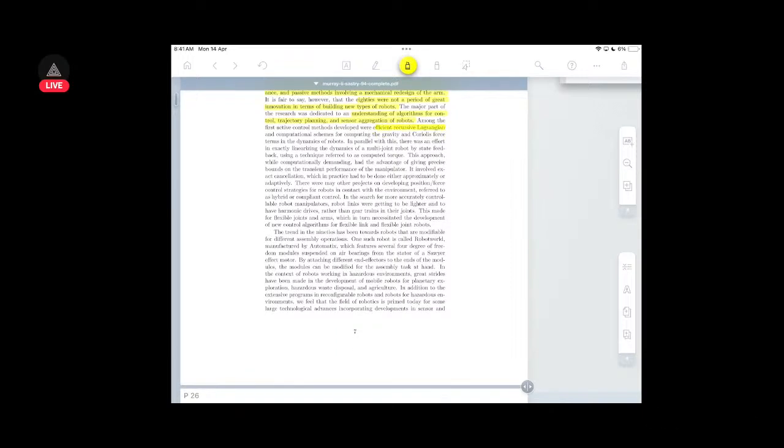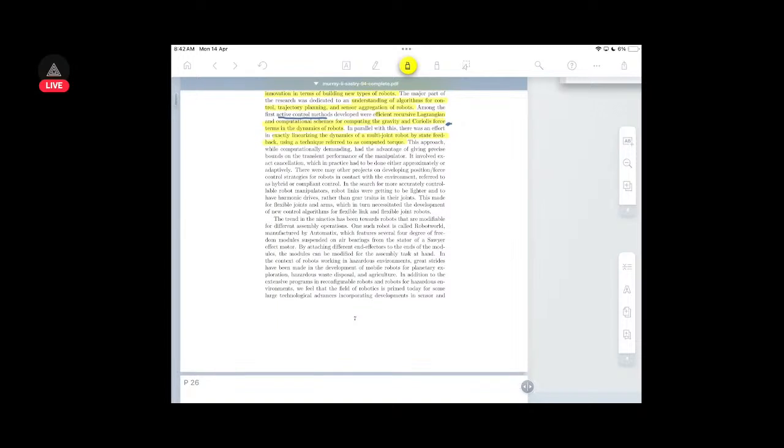So effective recursive Lagrangian and computational schemes were developed for computing the gravity and Coriolis forces in active dynamics. This is active control methods. You have exactly linearizing the dynamics of multi-joint robots by a state feedback, using a technique referred to as computed torque.